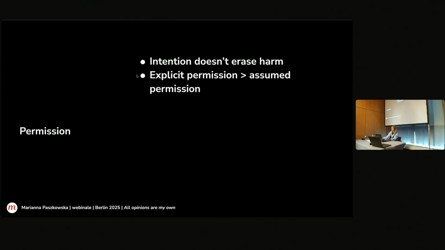So there is a danger in justifying unauthorized actions, right? They would have said, yes, we've helped them. But the true permission must be direct, informed, and explicit. In the context of AI, that means transparent data sourcing, opt-in collection and reuse, legibility of participation. So people need to know what they're contributing to.